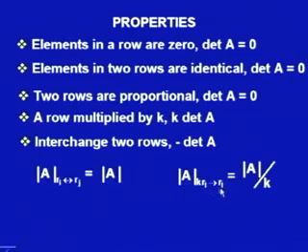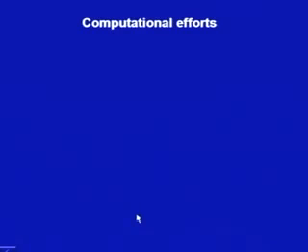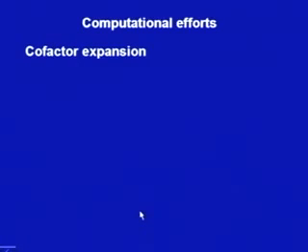But if we apply this elementary transformation, then the determinant obtained after applying this transformation is divided by k. But this elementary transformation will not change the value of the determinant. Now these transformations actually help us in evaluating the determinants more easily and with less computational effort.